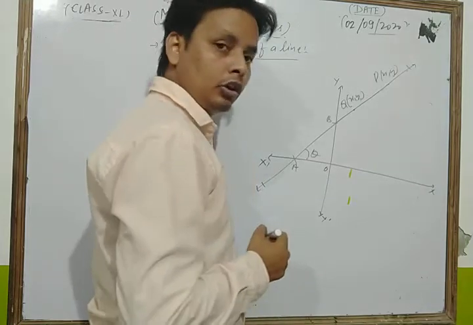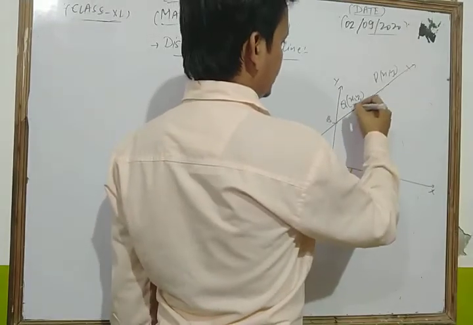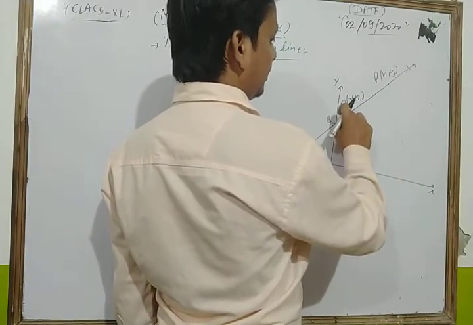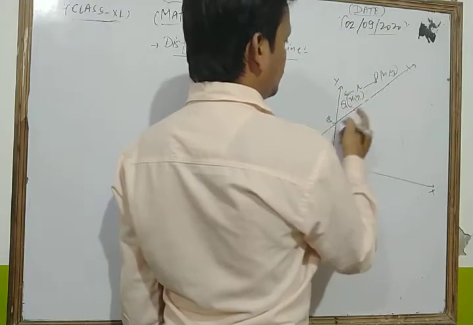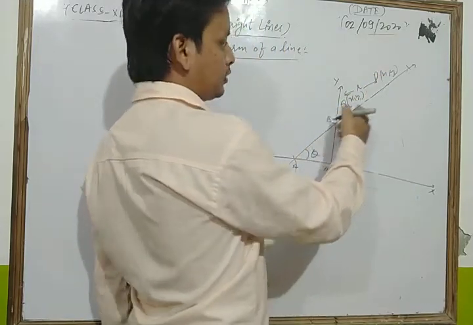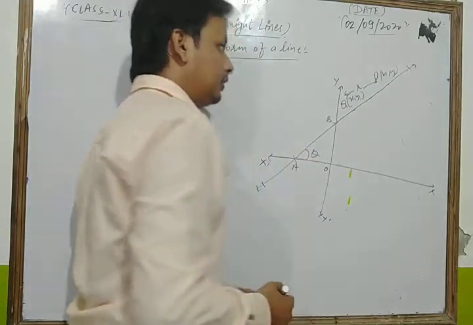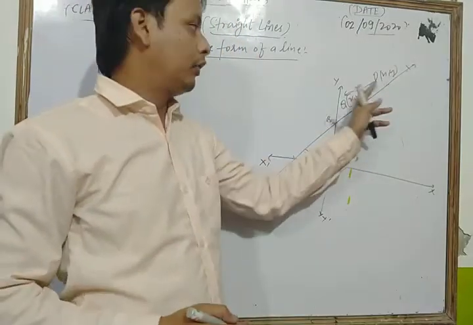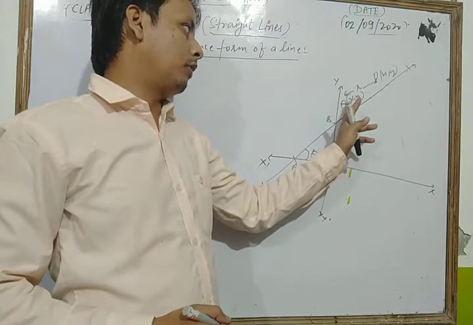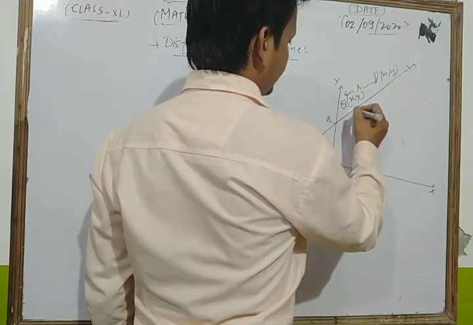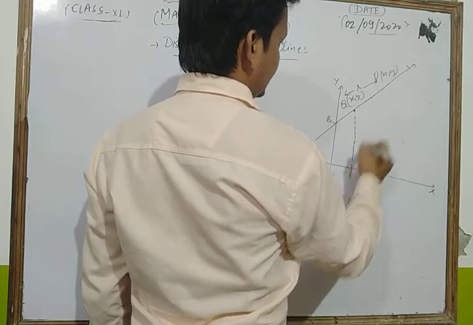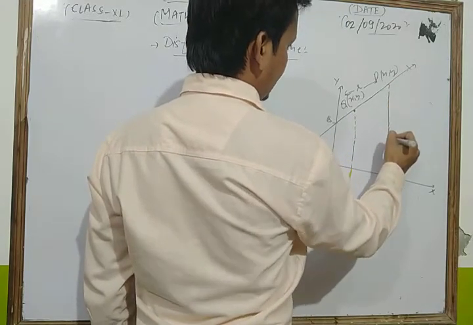P is any point on that line whose distance from the point Q, through which the line passes, is r. Let us take a point P(x, y) on the line whose distance from Q is r, and here we draw in this way.